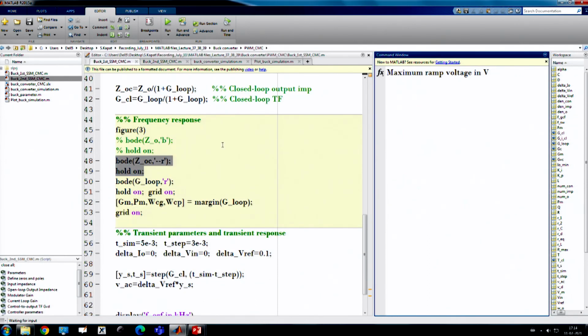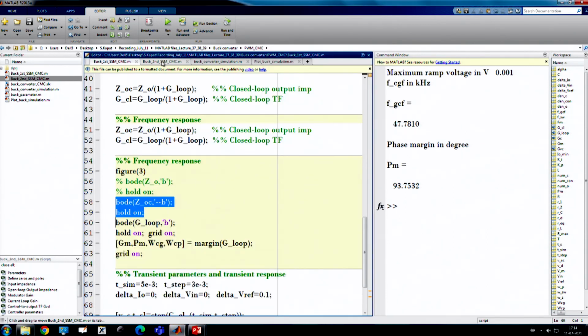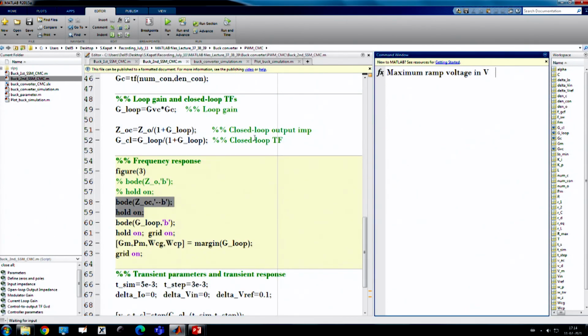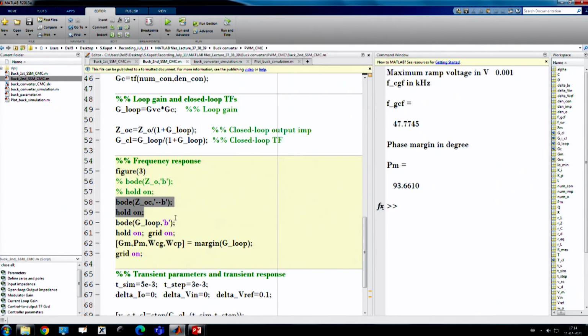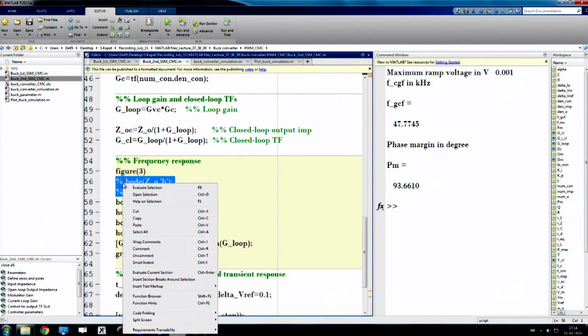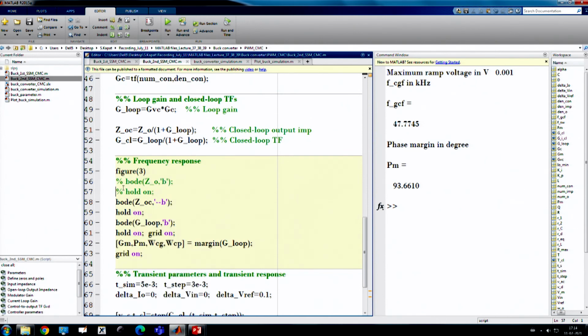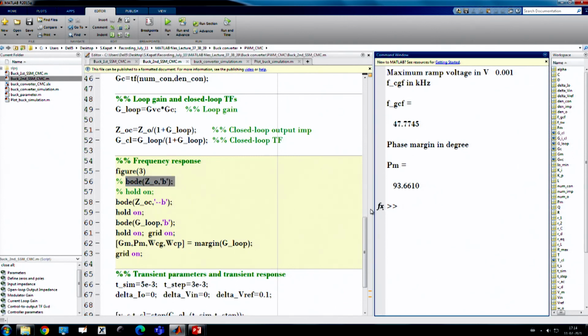Now we want to plot the output impedance, and we want to plot on top of this in figure 3.